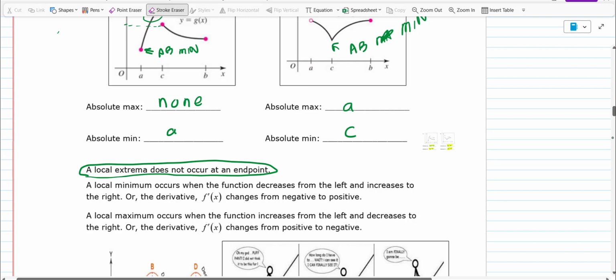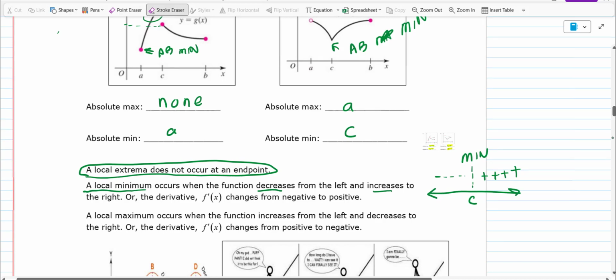Now a local minimum occurs whenever the function decreases and then increases. So on your sign chart, whenever you have a local minimum, you would have this critical number, and then you would end up having a decrease and then an increase. Okay, that's when you're going to have a minimum, whenever the graph decreases, then increases, like we talked about earlier.